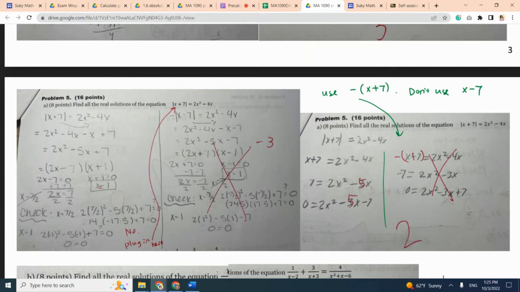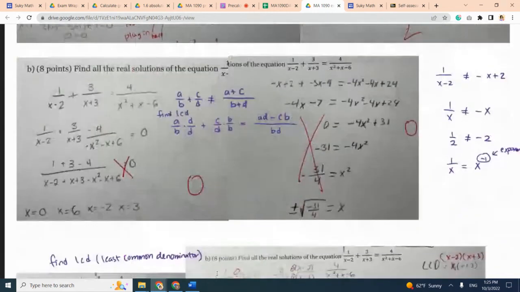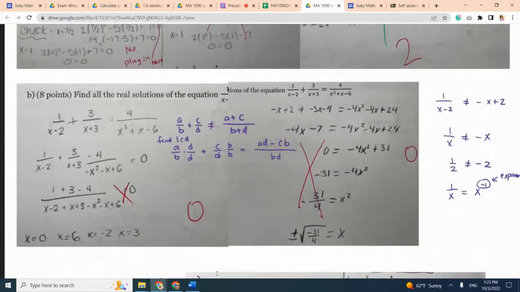Don't use x minus 7. Is that clear, everybody? Yes? The second half, replace the absolute value by negative parentheses of those. Okay? Don't just change the sign of the constant inside the absolute value.